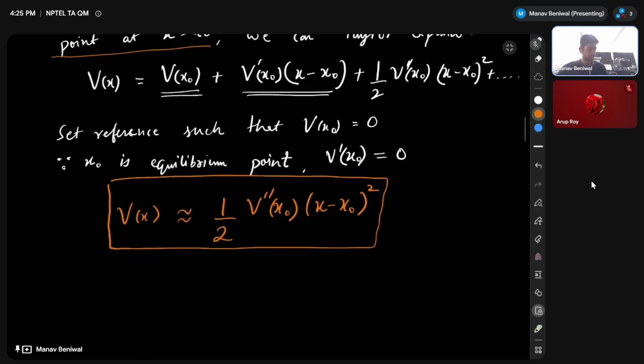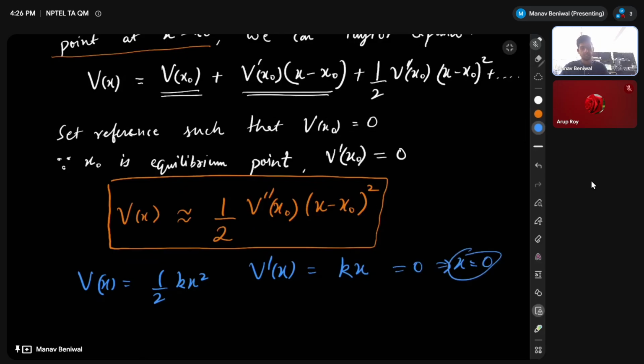And clearly you can see that if we have a simple harmonic oscillator where our V of x is nothing but half k x squared, if you differentiate it once, it gives you V prime of x equals k x, and because this has to be 0, this implies x equals 0 is the equilibrium point.